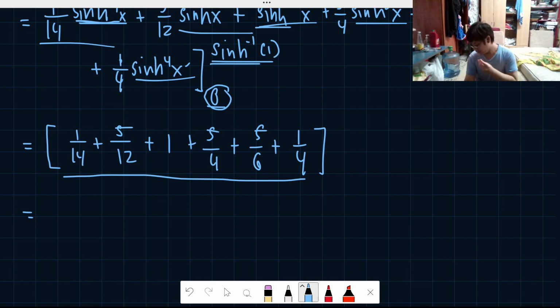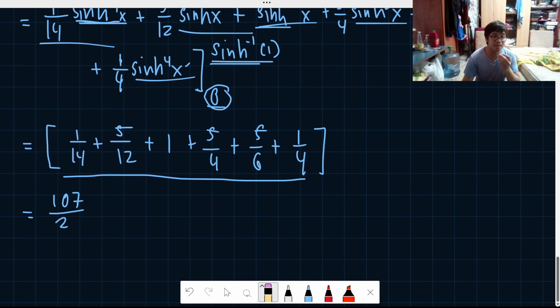The value, if we add them, would be 107 all over 28. Am I right? Yes, there we go. That is our answer.